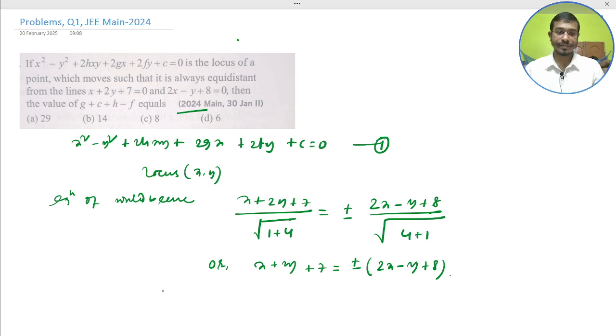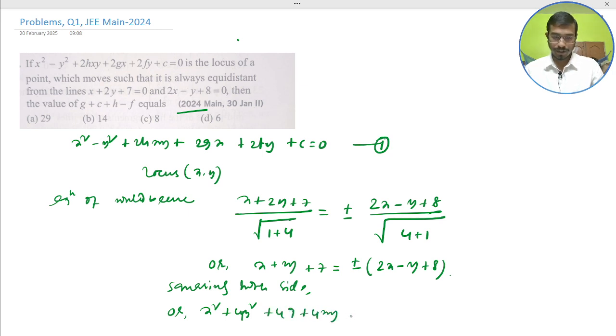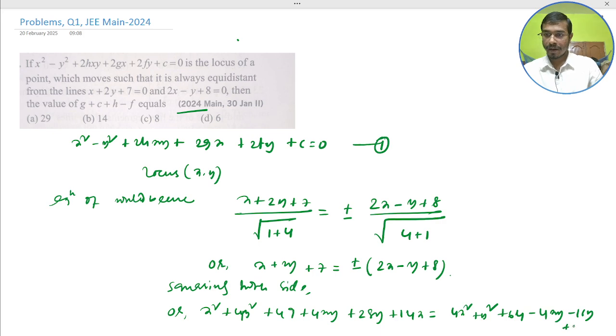Squaring both sides we get x square plus 4y square plus 49 plus 4xy plus 28y. 14x would become 4x square plus y square plus 64 minus 4xy minus 16y plus 32x.